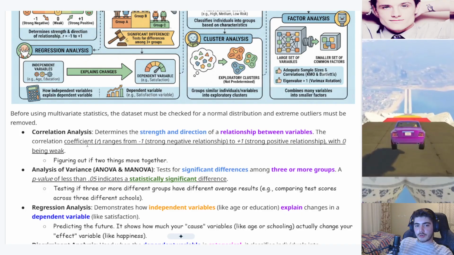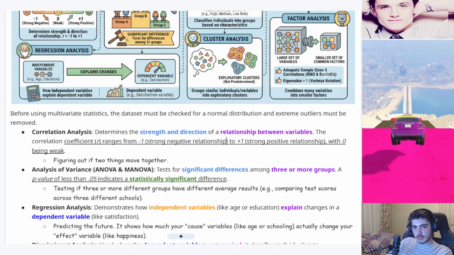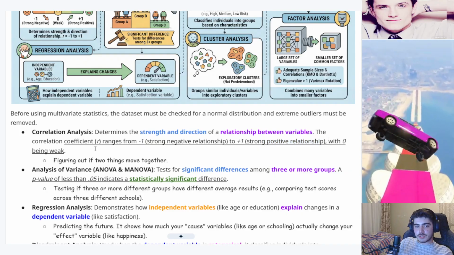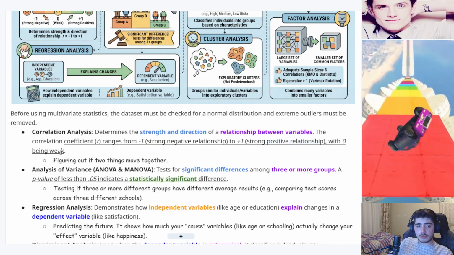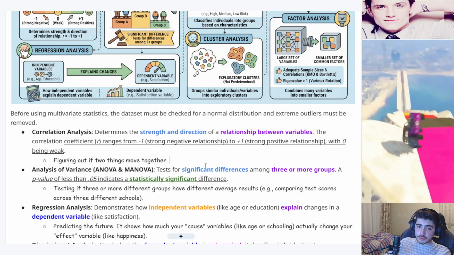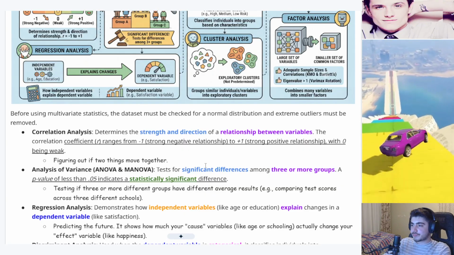The correlation coefficient ranges from -1, which is a strong negative relationship, to +1, which is a strong positive relationship, with 0 being weak or no correlation at all.